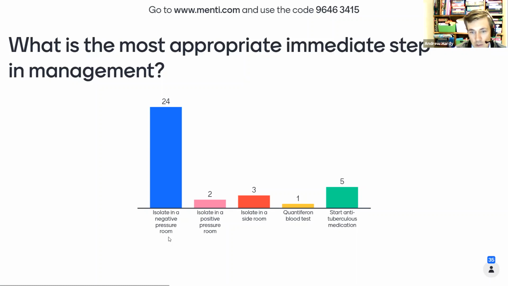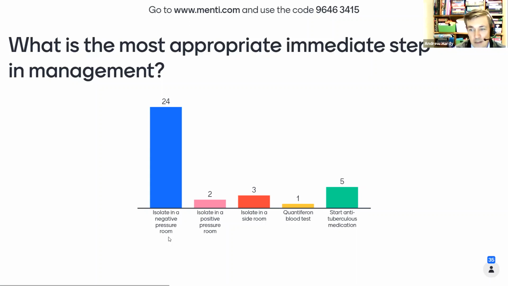If you are going to treat, we treat with 4 antibiotics initially for 2 months: rifampicin, isoniazid, pyrazinamide, and ethambutol would be the common combination. But as I say, if there is a concern about drug resistance, you're usually better waiting for the drug resistance screens to come back first, because if you partially treat somebody who's already got multi-drug resistant TB, it can go to extended resistant.